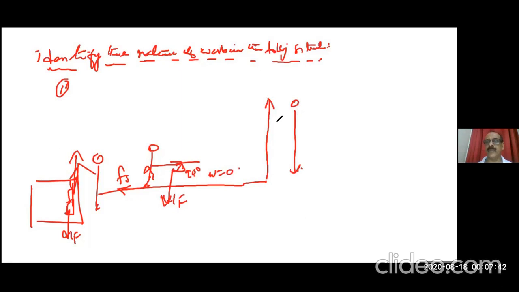Work done being 0 would mean he will not move.